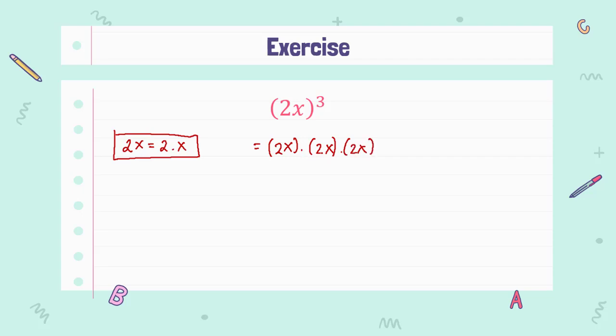It's repeating 3 times, right? And now you have to make a group, variable with variable, and constant with constant. I put the constant in the front and I put the variable in the back.